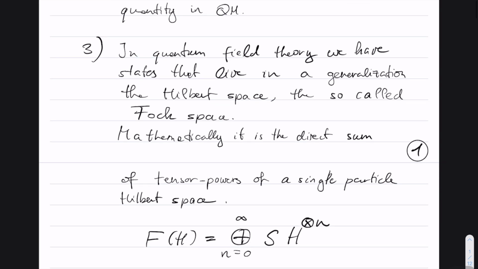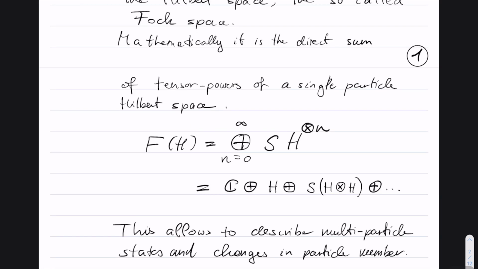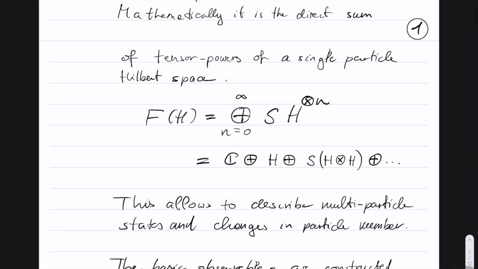Now, moving on to the quantum field theory world, we have states that live in a generalization again of the Hilbert space. It is the so-called Fock space. So formally, the Fock space is a direct sum of tensor products of single particle Hilbert spaces, right?